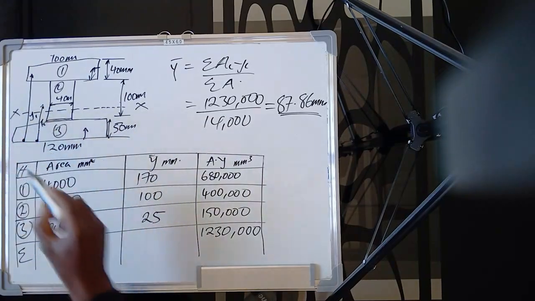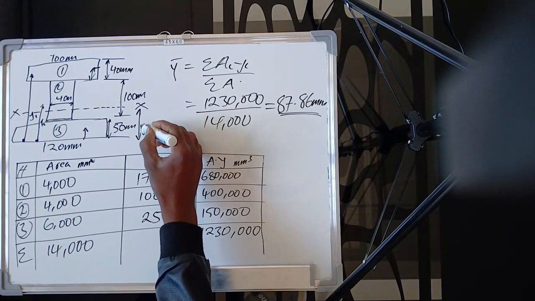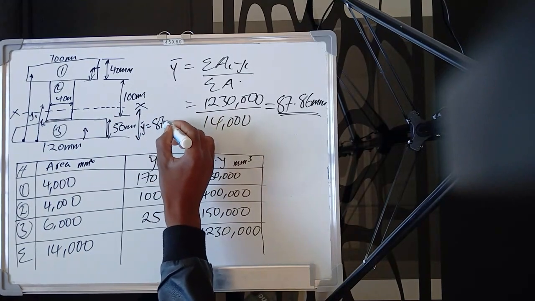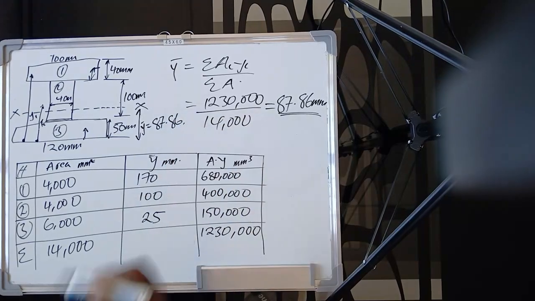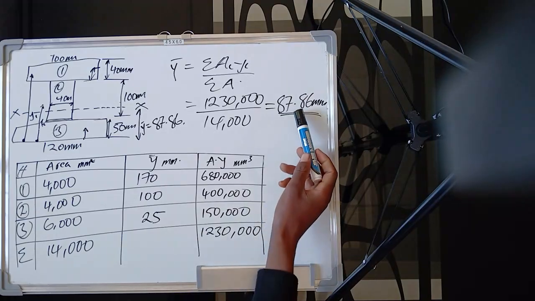That's where the neutral axis is. So from the bottom to the neutral axis is equal to 87.86. Okay, very important.